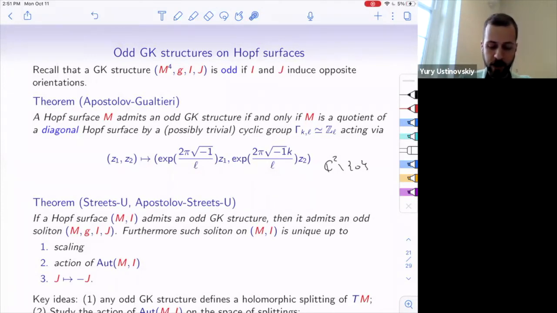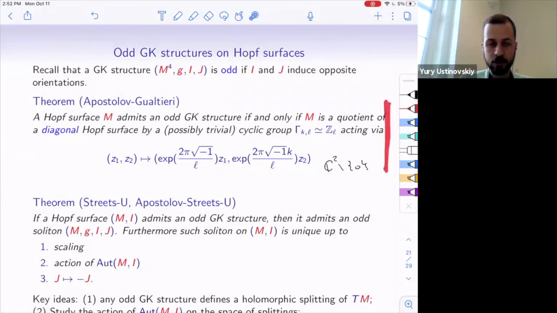What follows from our prior results with Jeff Streets and from some careful analysis in our recent paper with Vestis and Jeff is that if you take a Hopf surface and you assume that it admits an odd GK structure, then it actually admits an odd soliton.